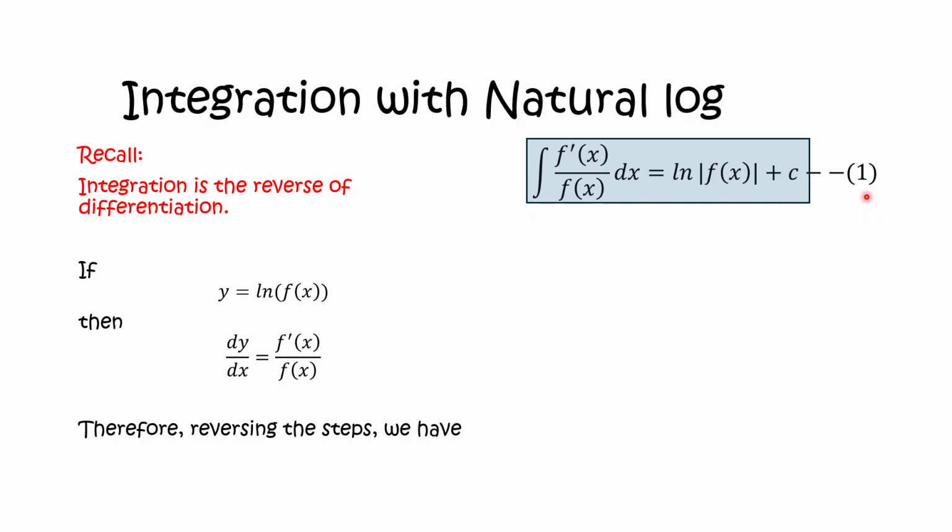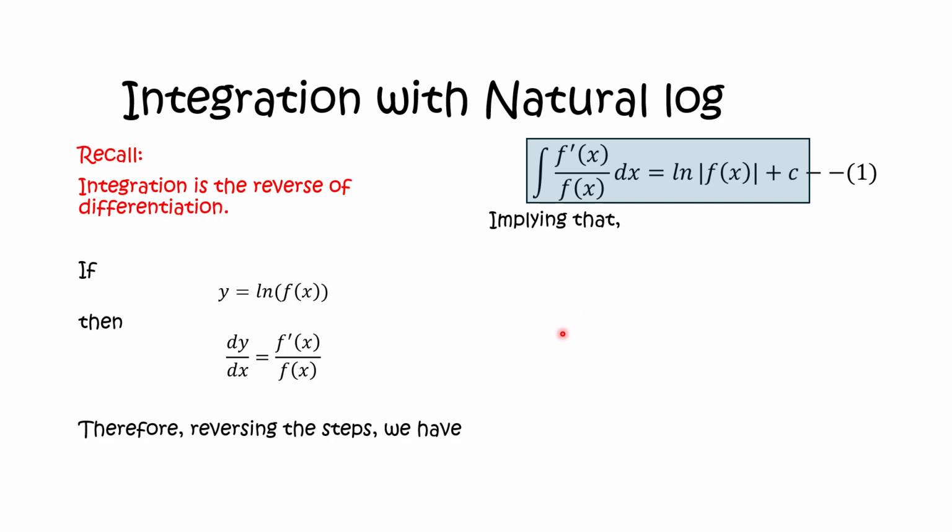But before we continue, let's talk a little bit about the modulus function or the absolute function. Now, you would recall that natural log of 0 or any other value that is below 0 is undefined. So for that reason, we use the modulus function, known as the absolute value, with the two vertical lines.